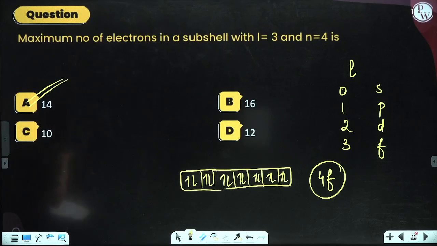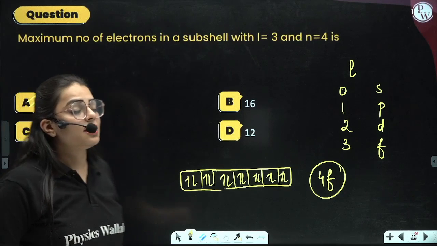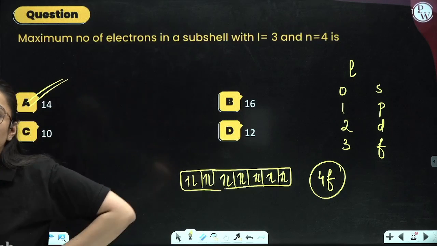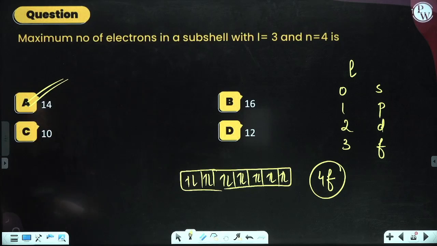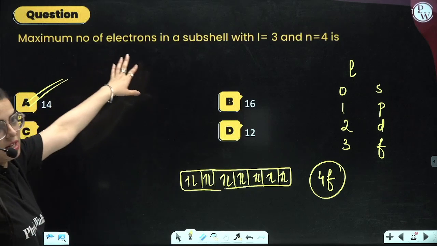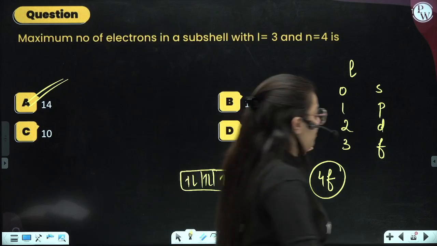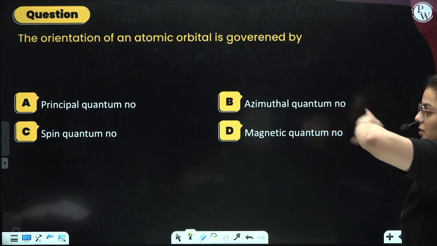In the previous question they were asking about the orbital, but over here they are asking about a subshell.